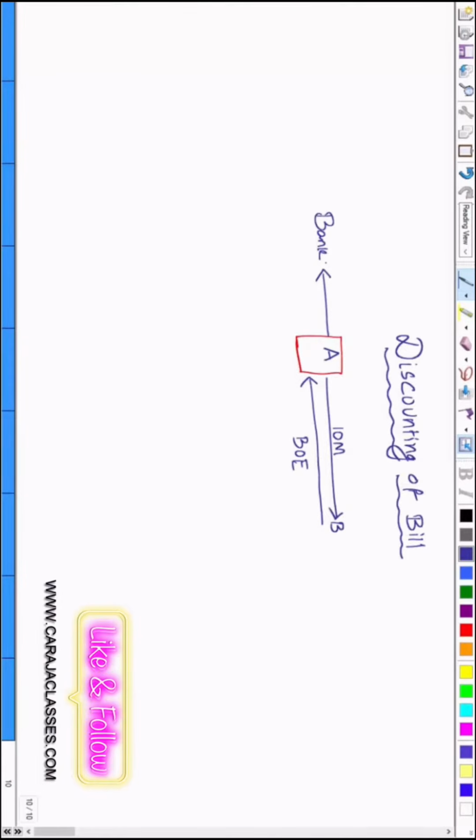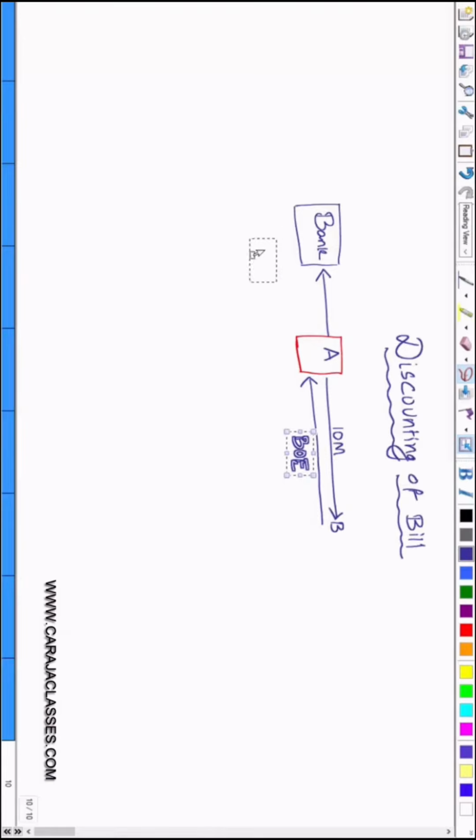So the bank will ask for some security. So A will produce the bill of exchange given by B as security to the bank. So the bank will in turn give money to A.